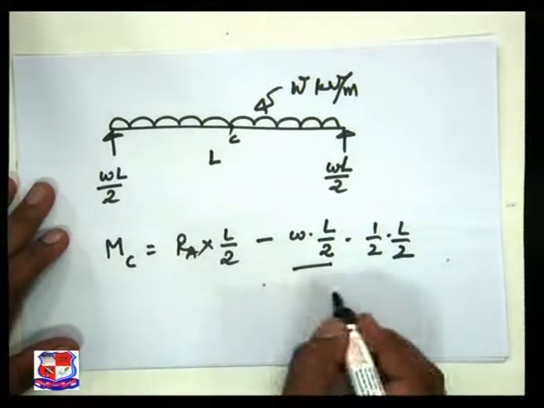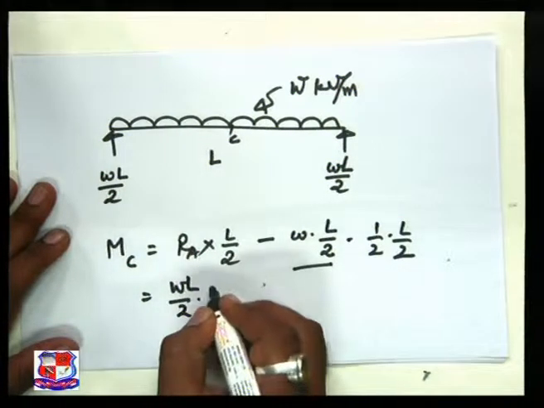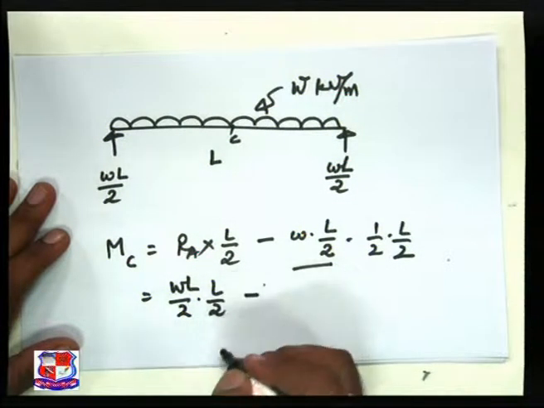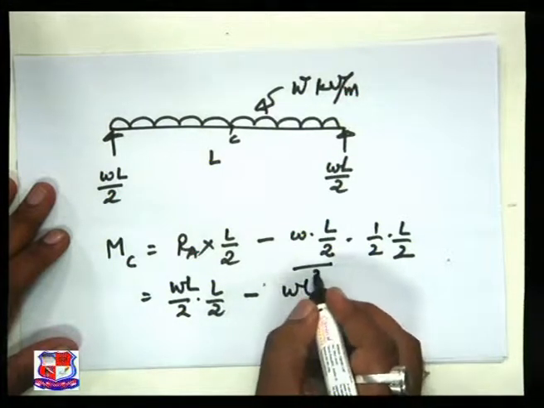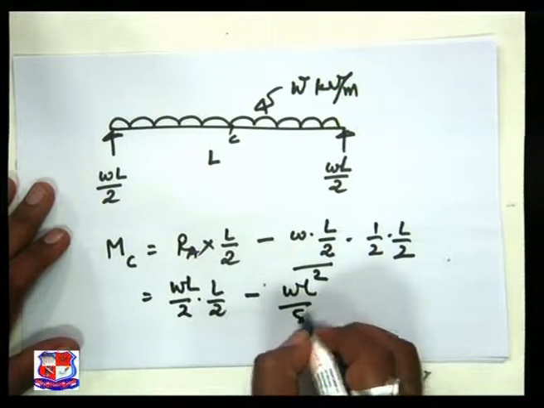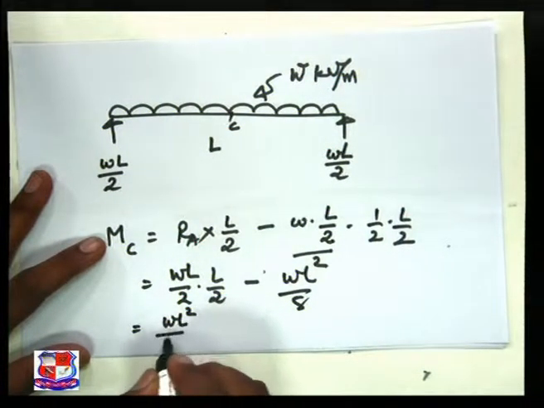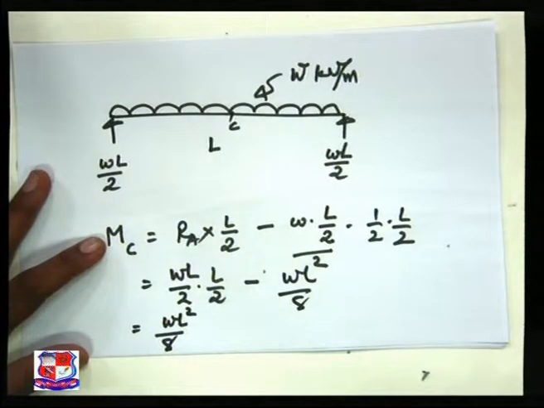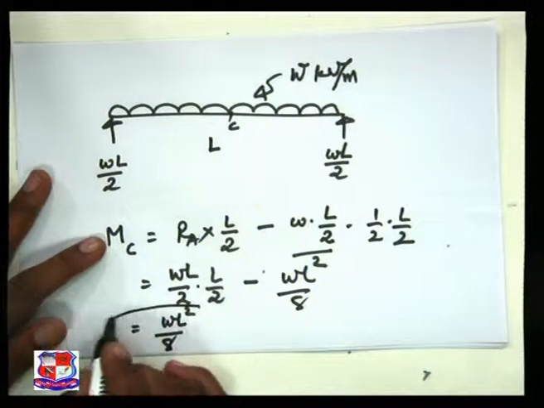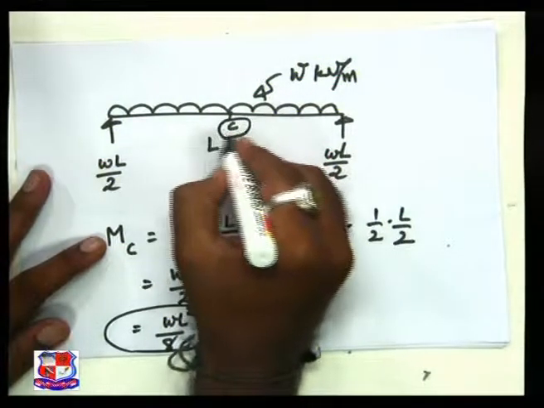When you resolve this by putting the value WL by 2 into L by 2 minus WL square by 2, 2, 2, it is 8. And we get the answer WL square by 8. So this is the maximum bending moment, which occurs at the center.